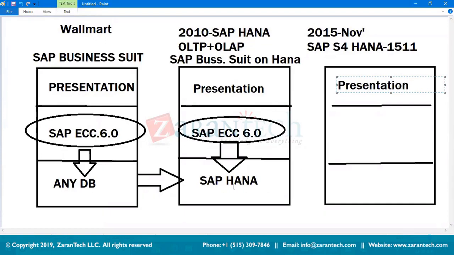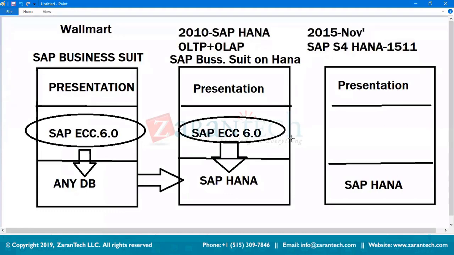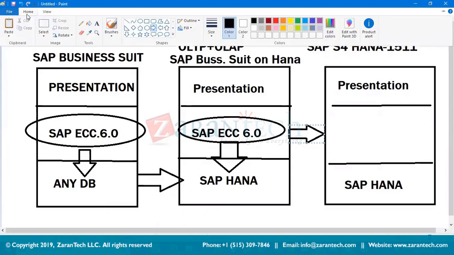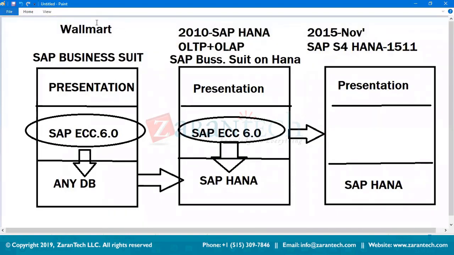And your database is going to be the same SAP HANA database. And here I'm converting your ECC application to the new next generation business suite. We call it the next generation business suite. We call it SAP S/4HANA.